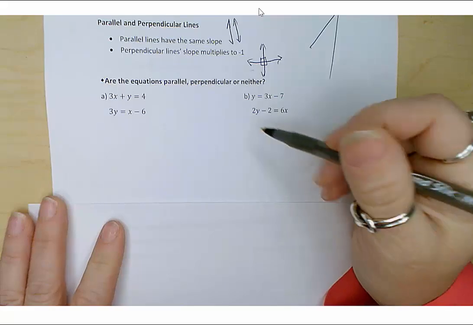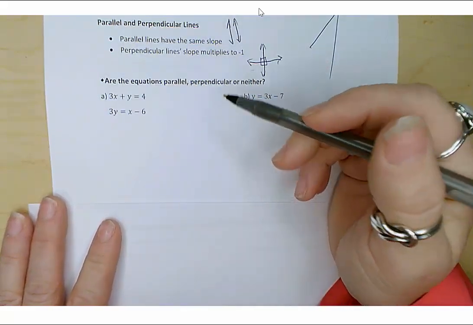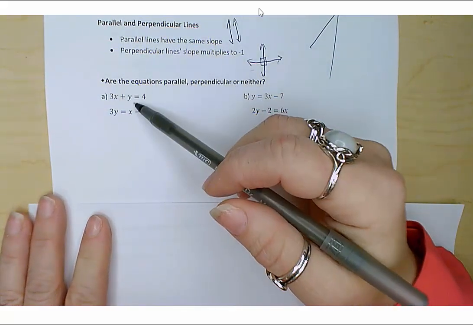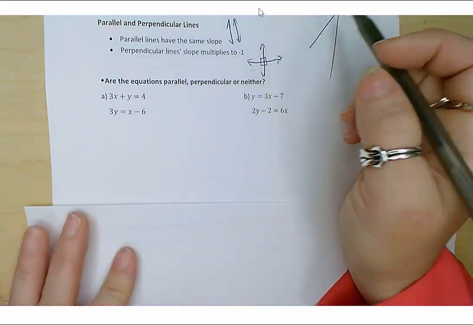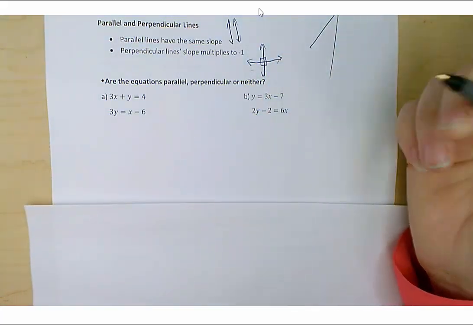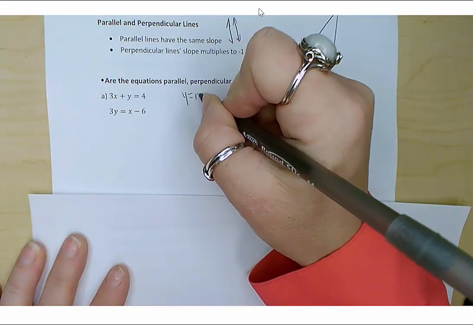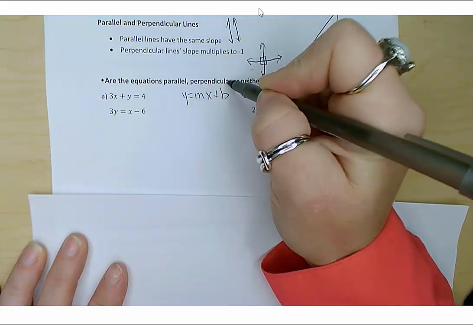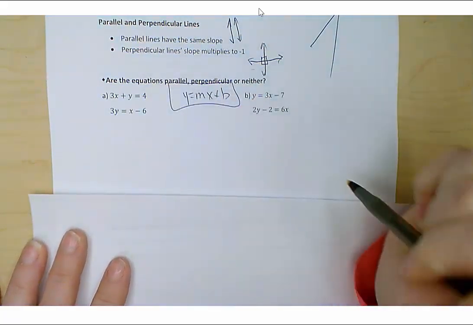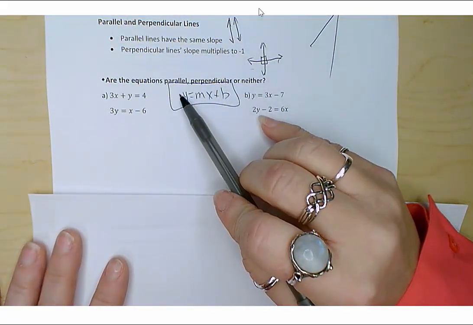Starting with this first example, we are given these two equations, and we need to figure out the slope of these two equations so we can then answer the question. The easiest way I feel to figure out the slope when you are given an equation is to put that equation in slope-intercept form. This is slope-intercept form right over here. Our equation needs to be solved for y.